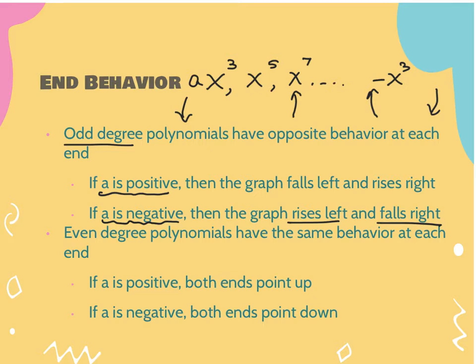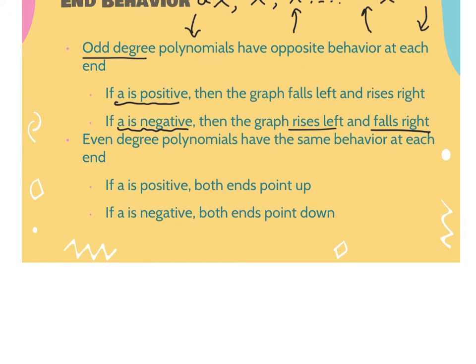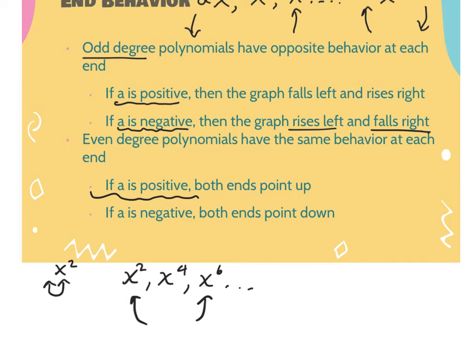Now, if you have an even degree, so for example, if you have an x squared or an x to the fourth, x to the sixth, and so on, if the number in front is positive, then it's going to take on the shape of the parabola, and both ends are going up. So it's basically taking on the shape of the x squared graph.